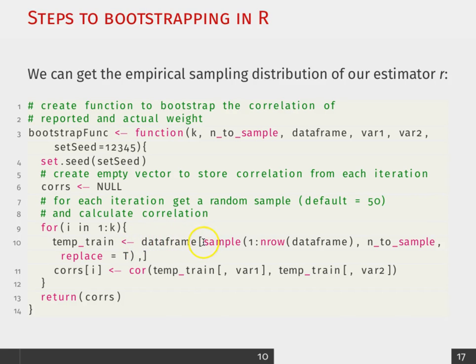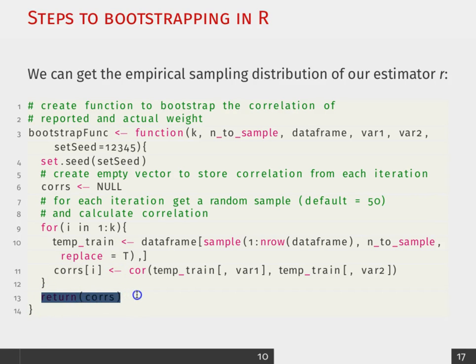I'm taking a sample of size 50, to be determined by the user in this function. And I'm going to then take the correlation of the first variable, in this case reported weight, then the second variable, actual weight, and then that's going to store that correlation coefficient in our empty vector.